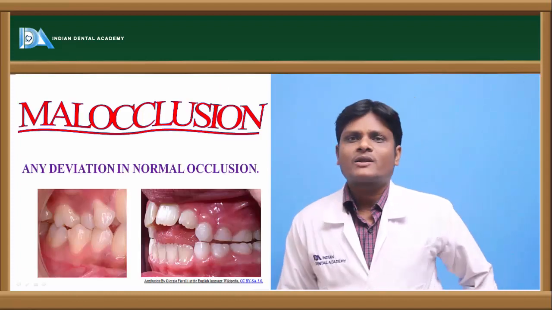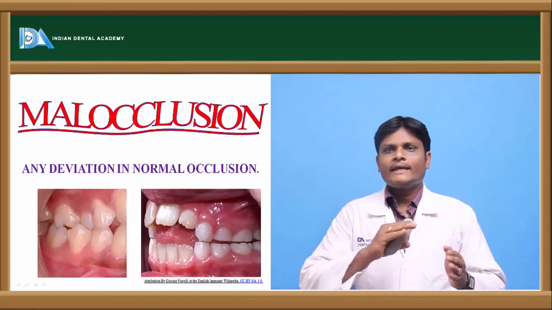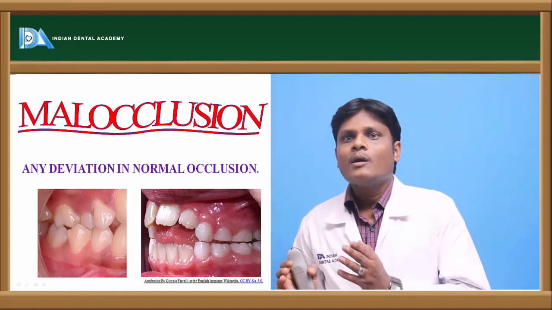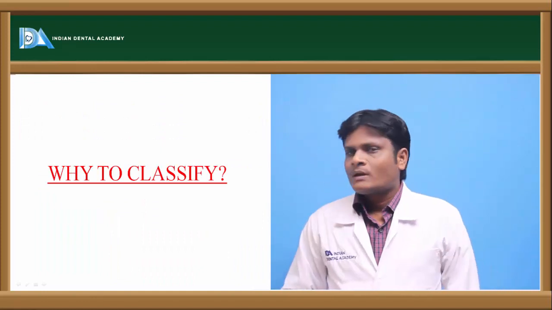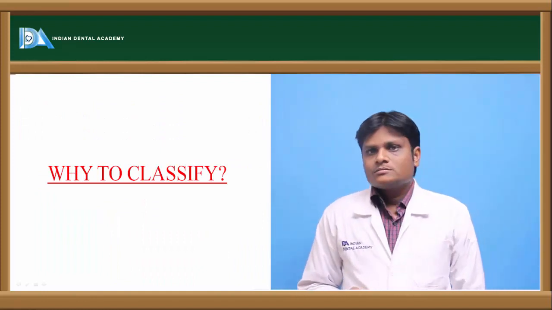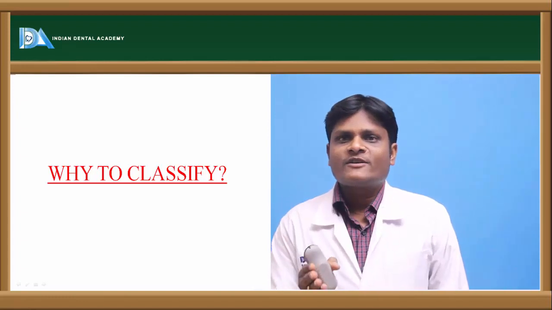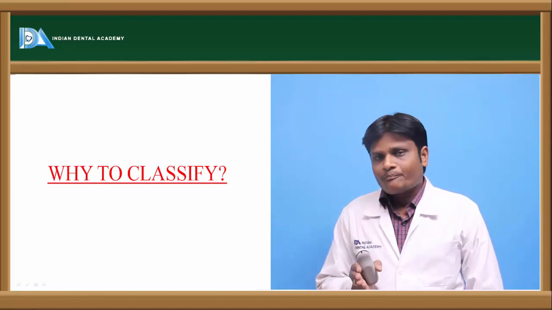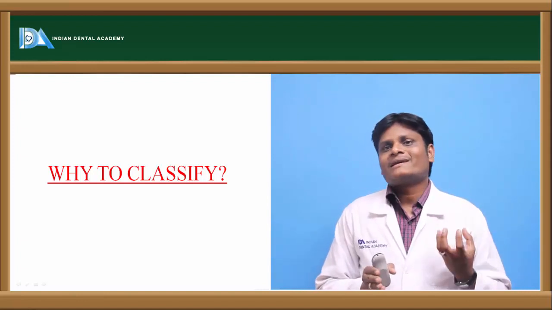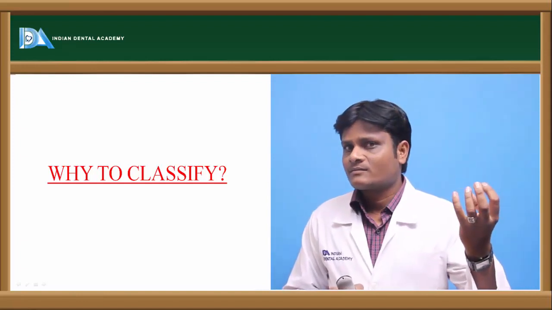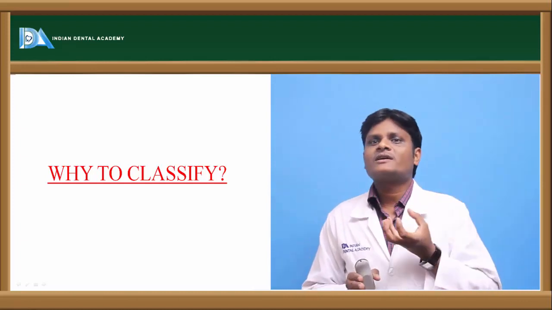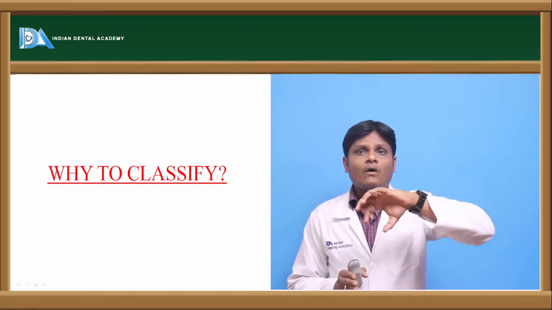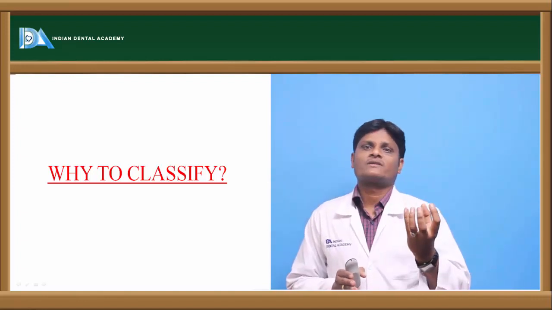Now, what is a malocclusion? Any deviation from a normal or optimum occlusion is called a malocclusion. A malocclusion may differ from person to person. When I say that a person has particular characteristics, the clinician should understand all the characteristic features of that particular dentition.